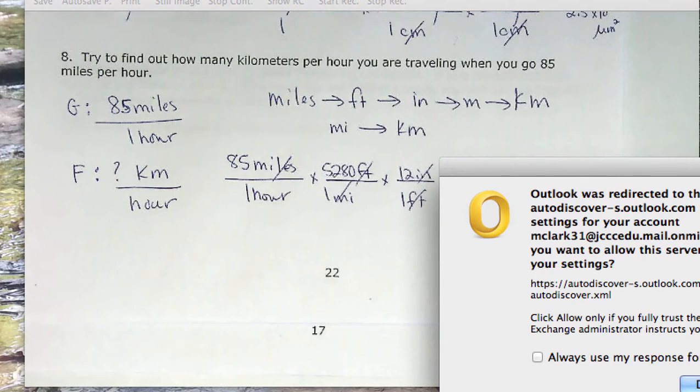Okay, so let's do it. 85 times 5,280 times 12 divided by 39.4 divided by 1,000. I entered 39.4, and got the same thing.